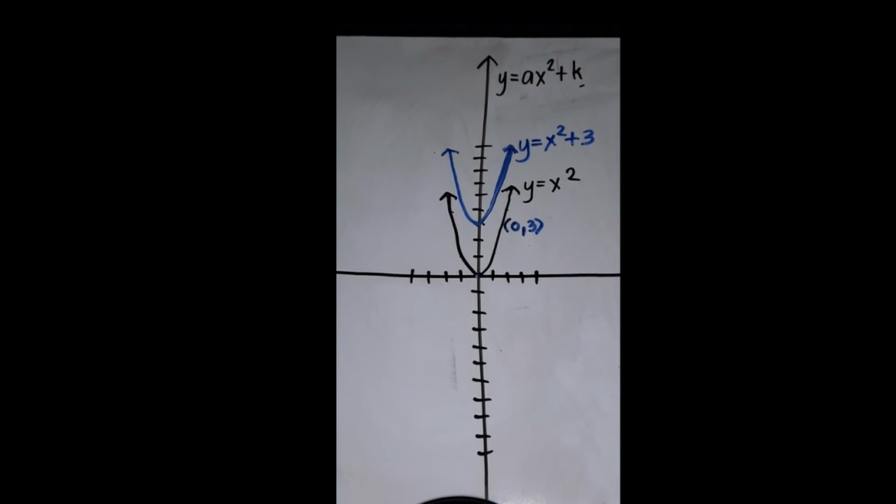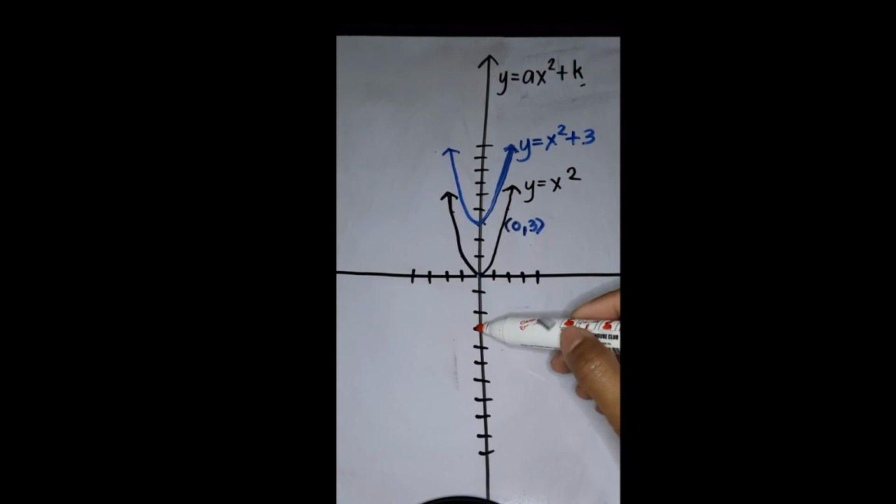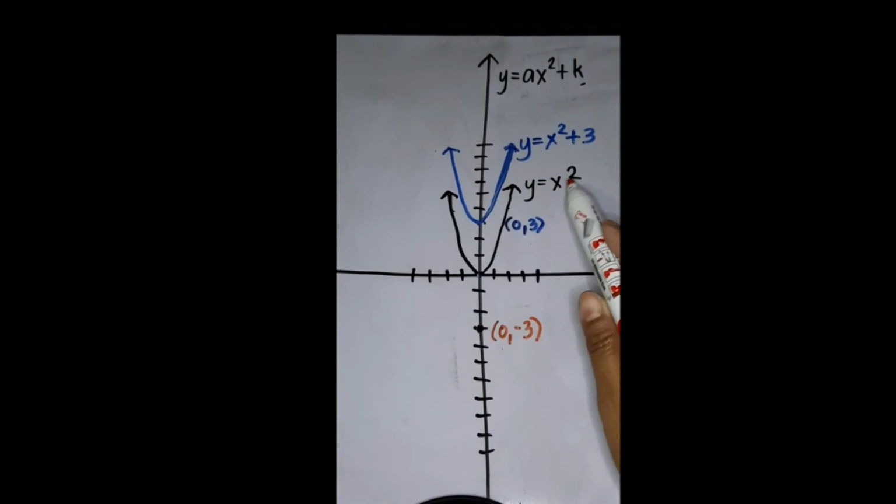Now, if we want to shift the vertex of our graph y is equal to x squared 3 units downwards, then we are going to have here. Ito na yung magiging vertex natin. It is already at 0, negative 3. Because we want to shift y is equal to x squared 3 units down.